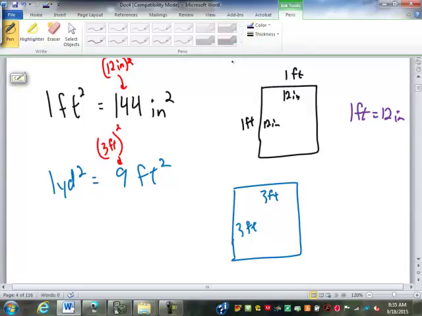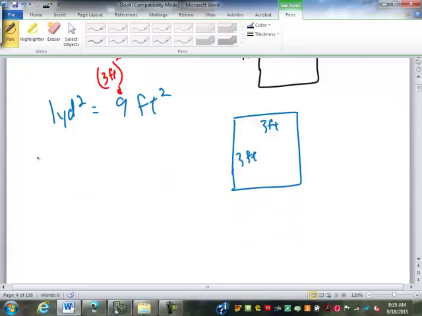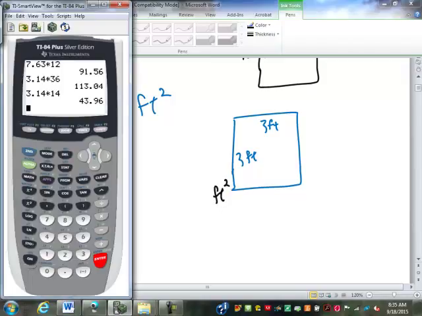And we could keep going if we wanted to. I could do 1 square mile. Is how many square feet? You got it. 5,280 feet squared, or 27,878,400.